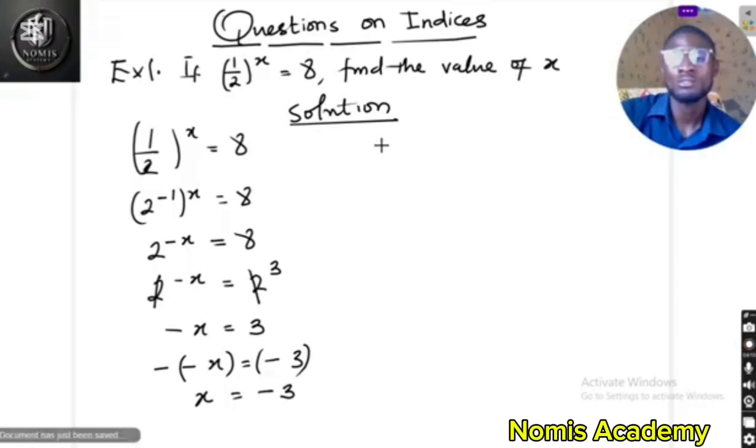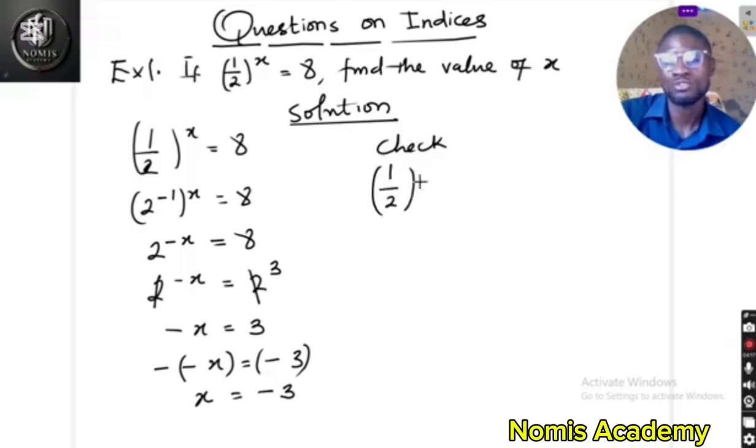So to check, since the value of x has been given to us to be minus 3, and we already know 8 to be 2 raised to the power of 3. So 1 over 2 becomes 2 raised to the power of minus 1, then we have minus 3.